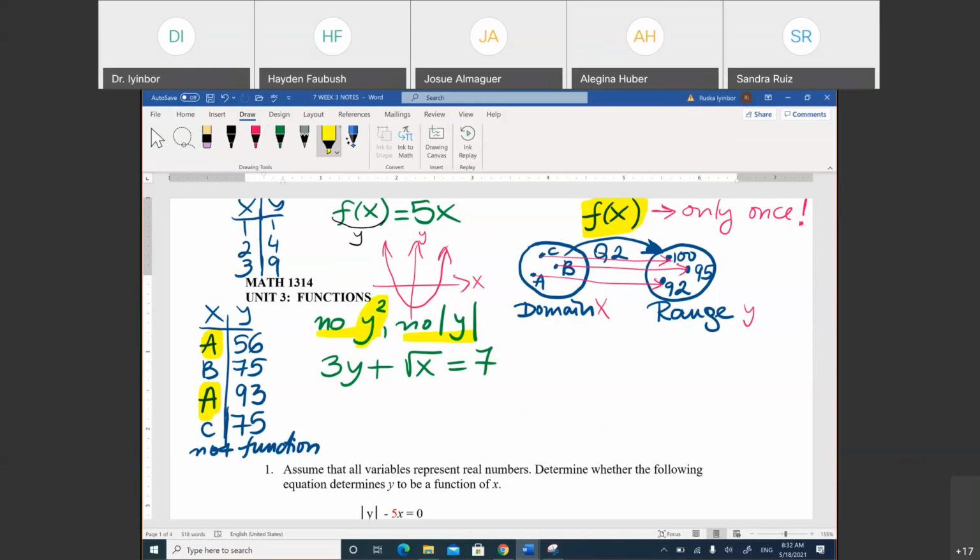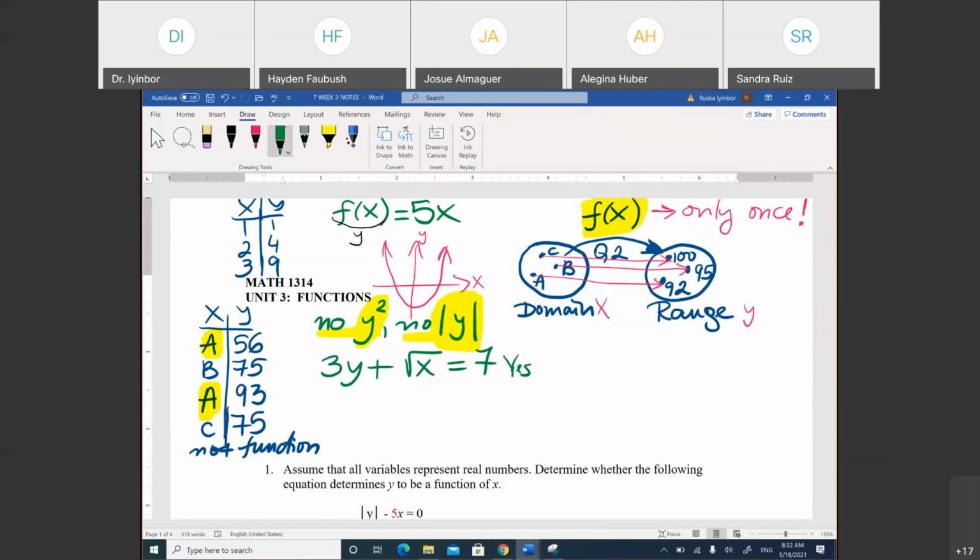So do you have y squared? No. Do you have absolute value of y with vertical lines? No, right? You have square root of x. So this is a function. Yes, it's a function.